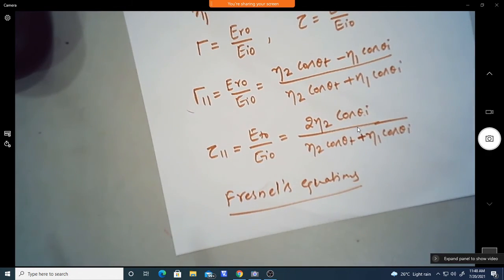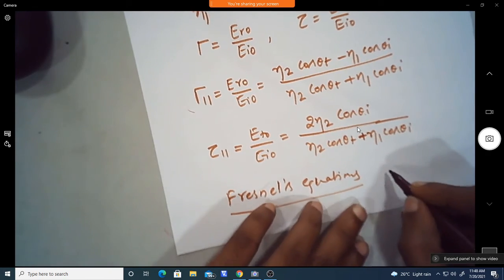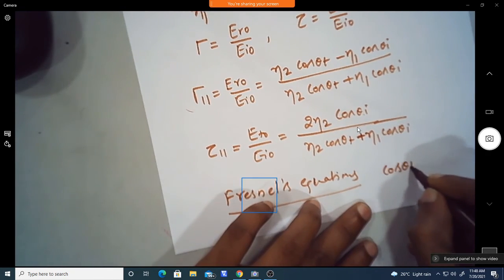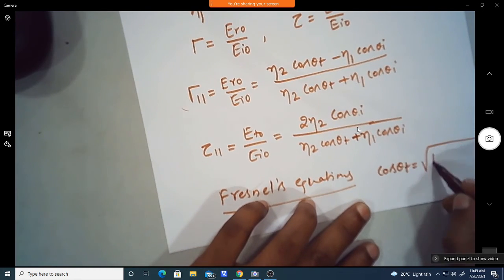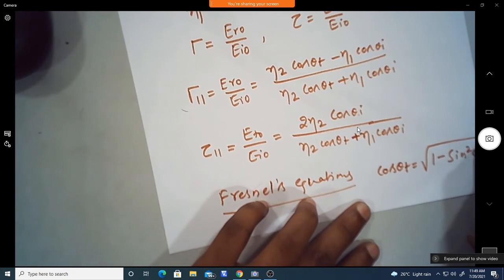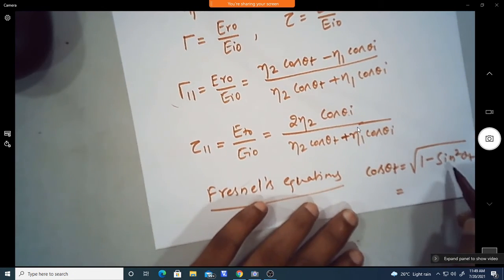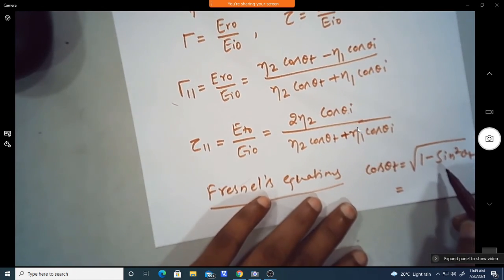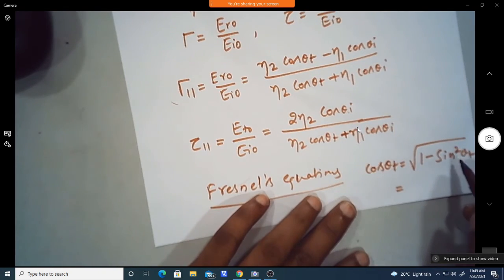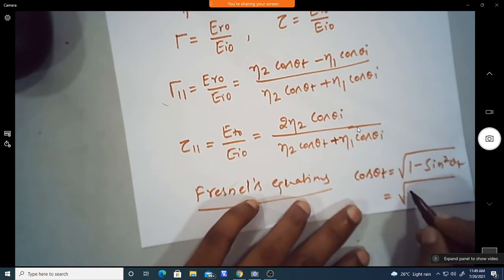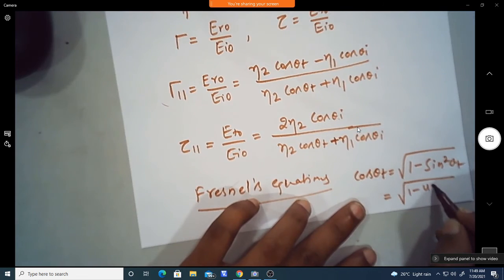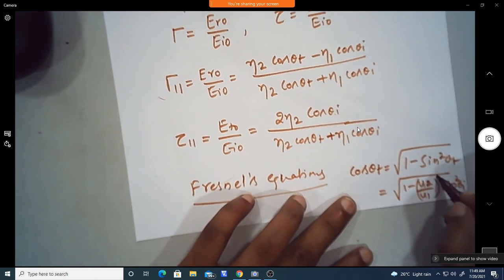Now if you take Snell's law, cos theta t we can represent in terms of sin theta t, as the square root of 1 minus sin square theta t. We can also represent sin square theta t in terms of the angle of incidence, which is equal to 1 minus (u2 by u1, in terms of the phase velocity, into sin theta I) whole square.